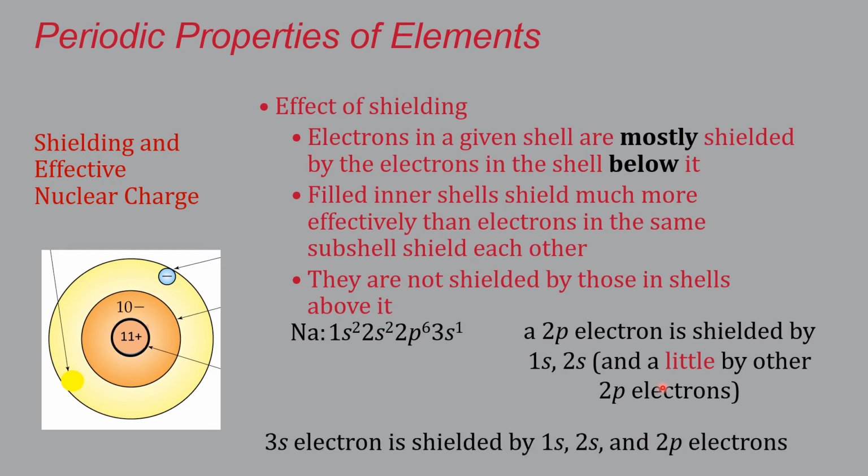But that's not really particularly interesting because it's the furthest electrons out, those valence electrons, that are interesting because they're the ones that do the chemistry. So let's consider the shielding situation of that lone 3s electron. It's shielded by the 1s electrons, the 2s electrons, and all of the 2p electrons, so a total of 10.